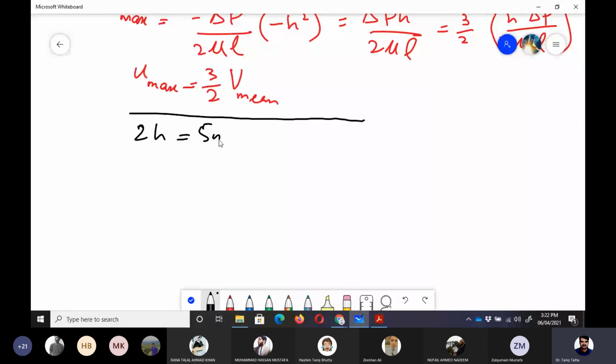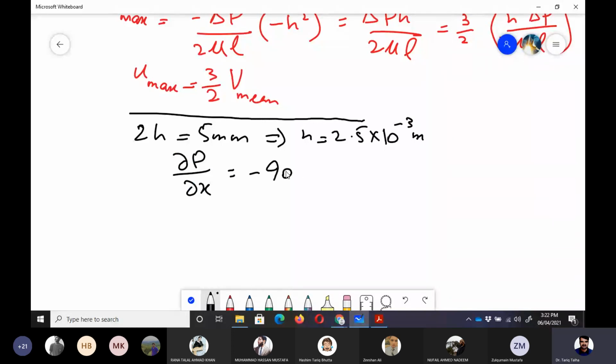So 2h is equal to 5 mm. So we can say that h is equal to 2.5 into 10 to the power minus 3 meters. Second thing is partial p by partial x, which is given as minus 900 Pascal per meter.